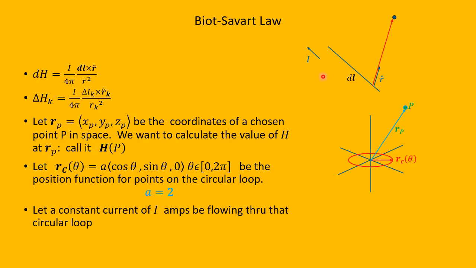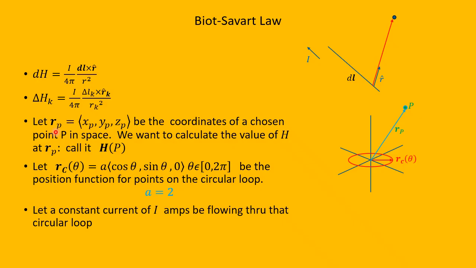And then if we look at just very small pieces that are not necessarily differentials, if we think of this as the kth little piece of wire, and we want to know the contribution to the H field just from that piece, we would have delta H sub k equal to I over 4 pi, delta L sub k cross product with r sub k hat divided by r sub k squared.